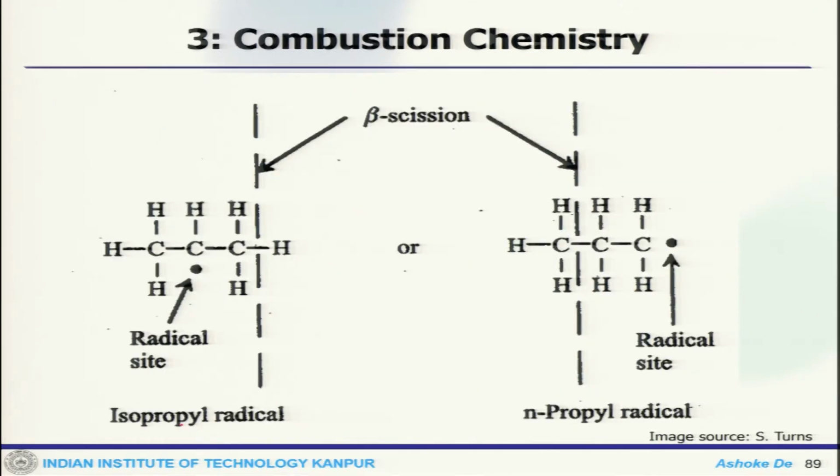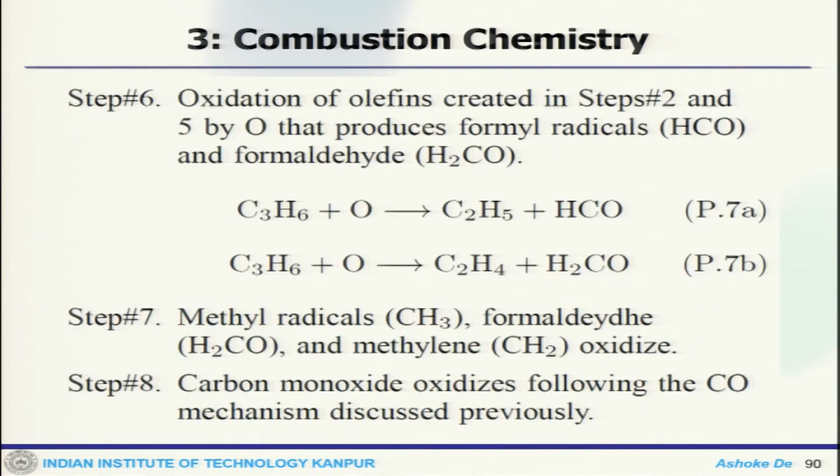This is the isopropyl radical, this is the n-propyl radical, and this is the C3H bond. This is the radical site, and this is the radical site, and due to the decay you get the olefin.